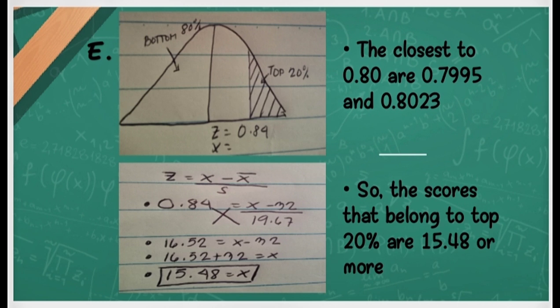We need to calculate z equals x minus x bar divided by the standard deviation. Our z is 0.84 and x bar is 32. First, use cross multiply. So, 0.84 times 19.67 equals x minus 32, which will result to 15.48.